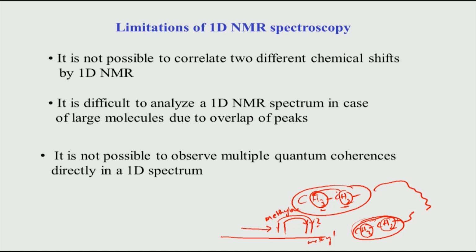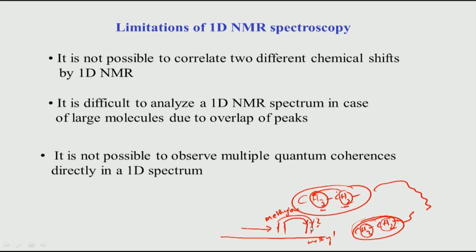It tells me this is a methylene moiety, this is a methylene moiety, this is a methyl and this is a methyl, but it does not give me the information of the connectivity, that means which methyl is connected to which methylene. That information of connection through coupling is not provided in this 1D spectrum.